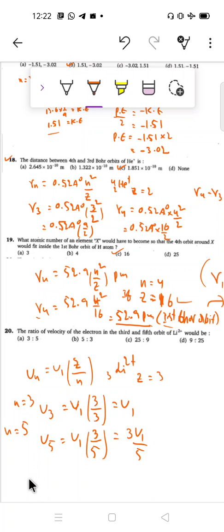What is the ratio? v3 is to v5 is equal to v1 is to 3v1 by 5. These two v1 get cancelled. Then we can get 5 is to 3. So the value is 5 is to 3. Simply you can calculate like this.